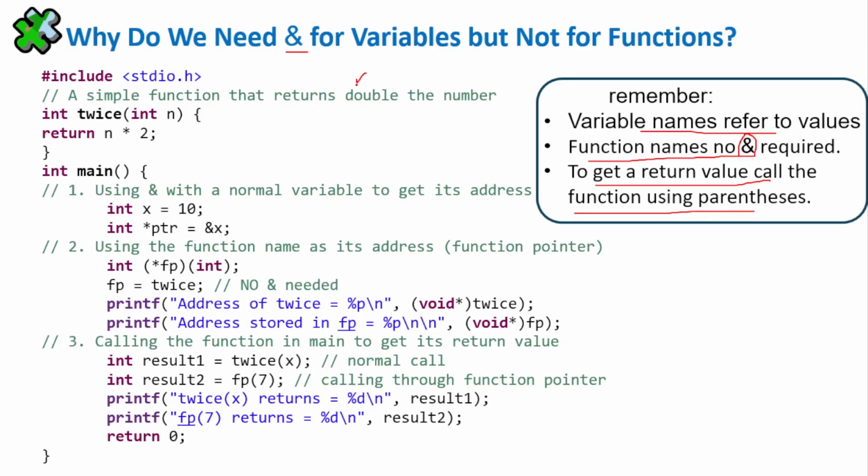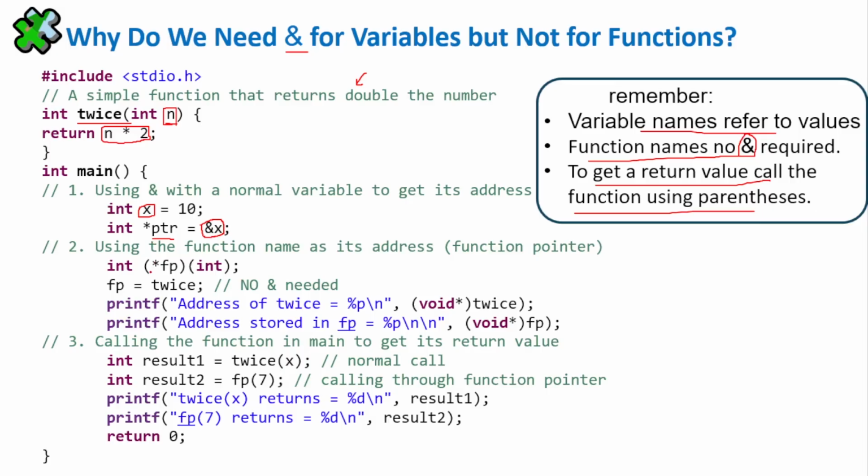In this example, the program explains how addresses work for both variables and functions in C. First, a simple function called twice is defined, which takes an integer and returns twice its value. Inside main, an integer variable x is declared and its address is stored in a pointer ptr, showing how the address-of ampersand operator is used with normal variables.